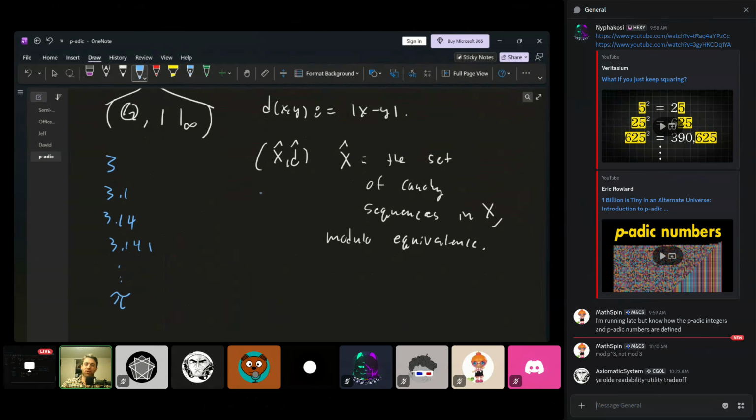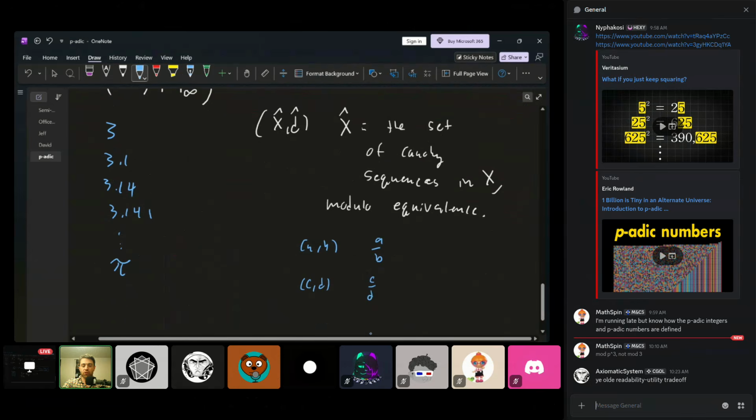But then we have this equivalence relation, where the pair (a, b) represents the rational number a over b, and the pair (c, d) represents c over d.